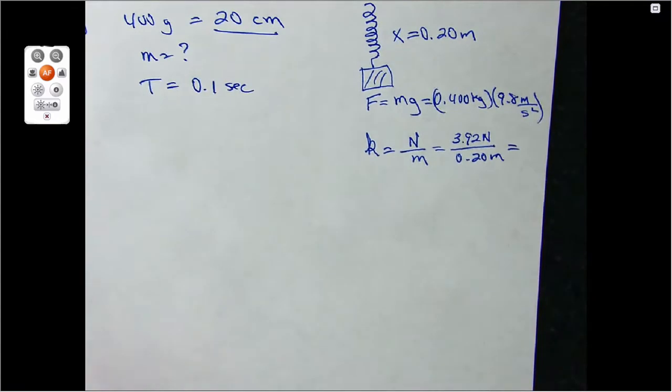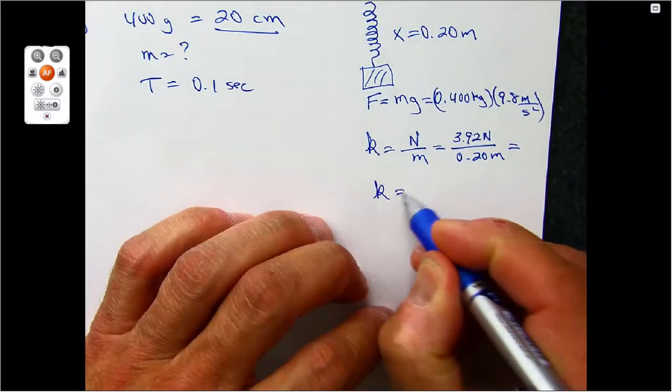So it looks like our spring constant is 19.6.